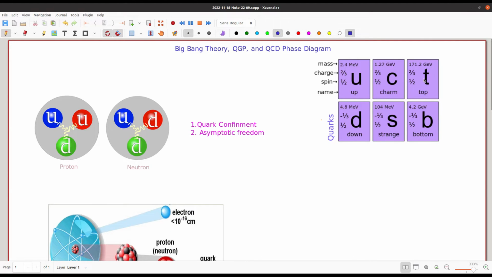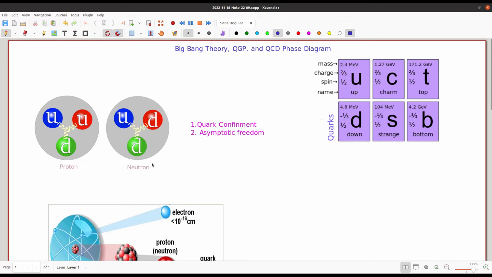So these are the 6 types of quarks we have. Inside the proton we have 2 up quarks and 1 down quark. Summing the charge, 2 multiplied by 2 by 3 is 4 by 3, and 1 down quark gives minus 1 by 3, so the charge is 1.